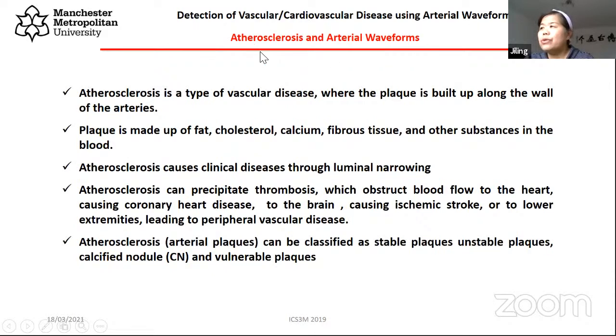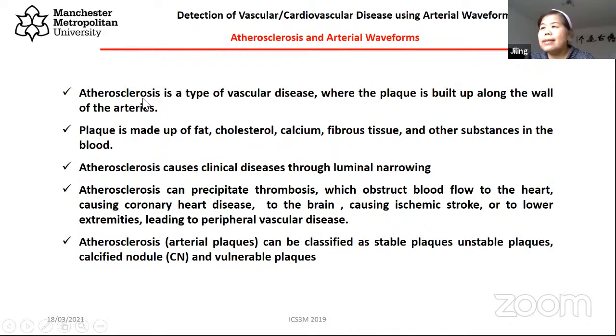Atherosclerosis is a very important concept related to cardiovascular disease, because atherosclerosis is related to many types of cardiovascular disease.